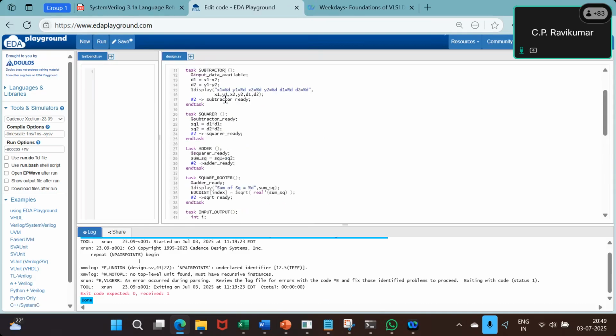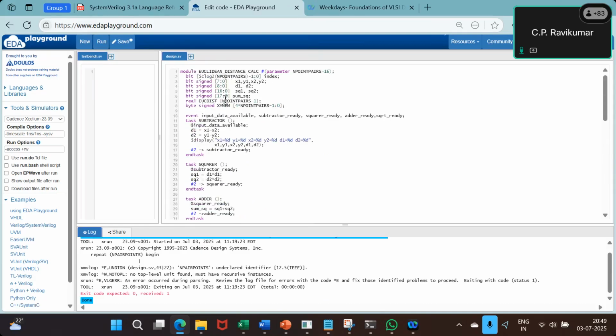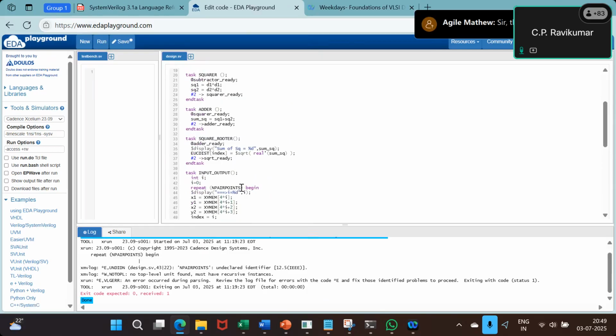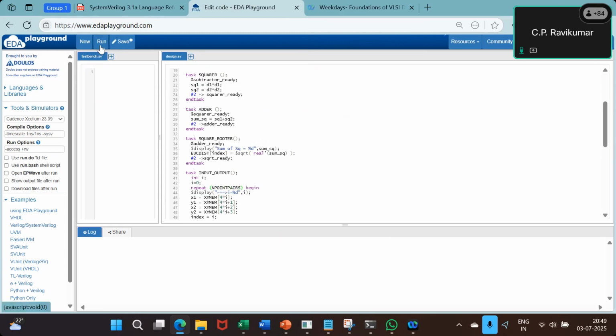Is it going to define here and end point this? Let's try it on.